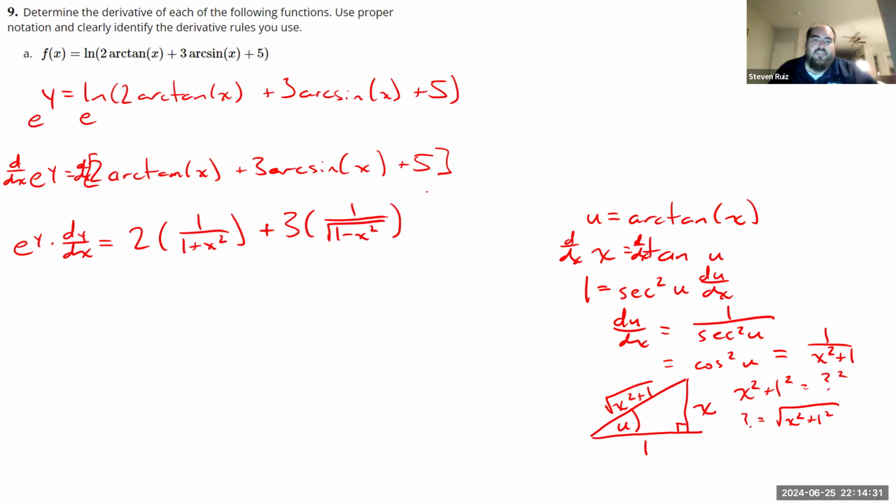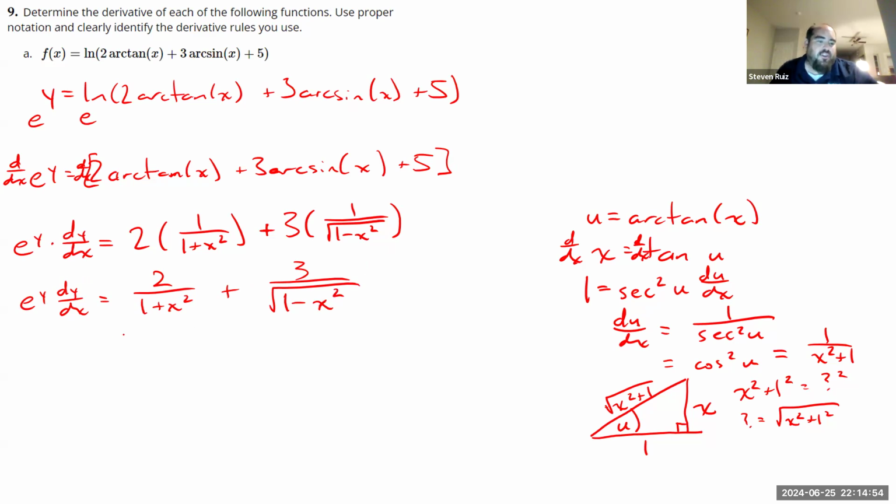And then finally, what's the derivative of 5? That's a constant, so its derivative is 0. So I get now e to the y times dy dx is equal to 2 over 1 plus x squared plus 3 over radical 1 minus x squared.